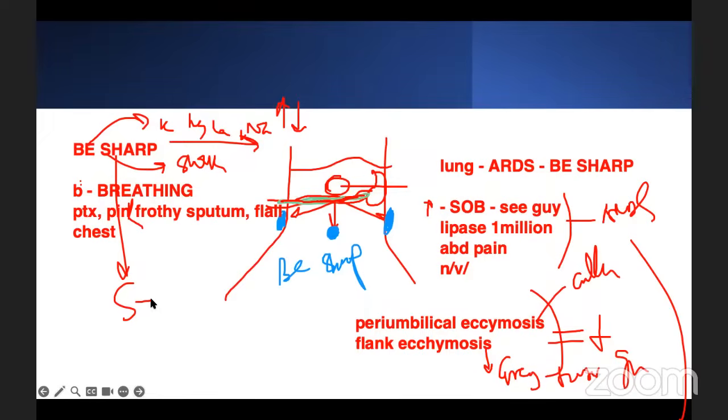You got to put it all together. The examiner will not just give you a temperature and you think you're septic. Unless the patient is immunocompromised, yeah, that temperature is bad on them. But with appendicitis, that temperature is okay. That's why I said, don't memorize it. Think about the pathophysiology and put it together. Okay, I digress, sorry. But this is the B-sharp, and then the airway, of course, airway.